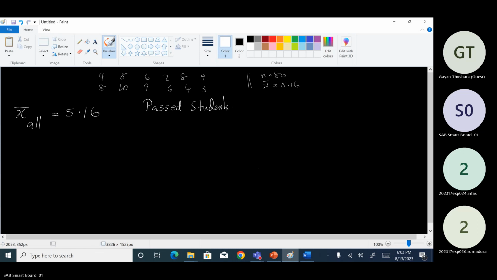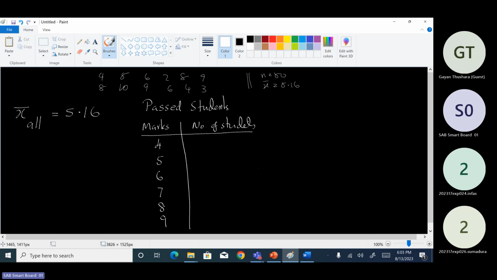Data set: marks and the number of students. 5, 6, 7, 8, 9. 8 here, 10, 9, 6, 4.